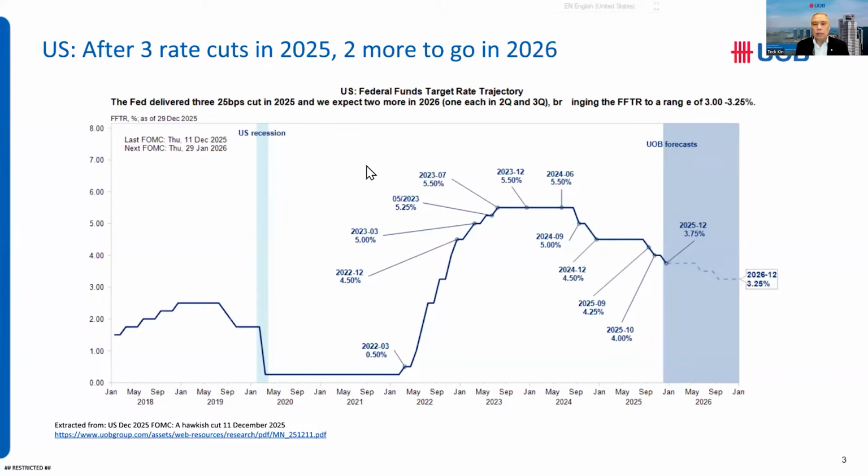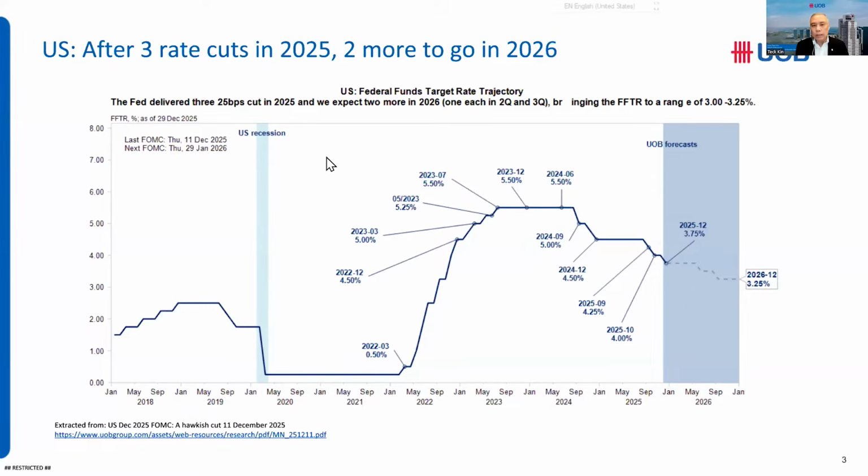It is not all in sync in their view. The reason is that we are going to get a new Fed chairman in May, and also all the members of the Fed have different views of looking at different things. Now our view is that 2 more to go this year.